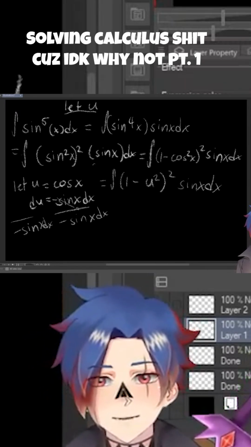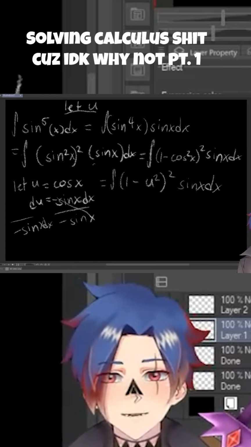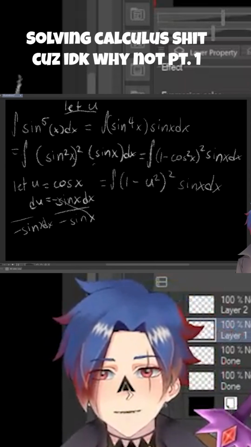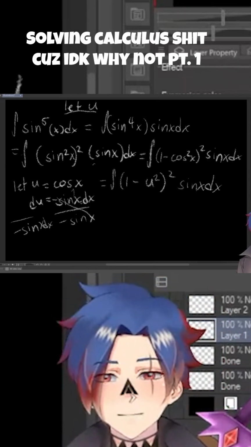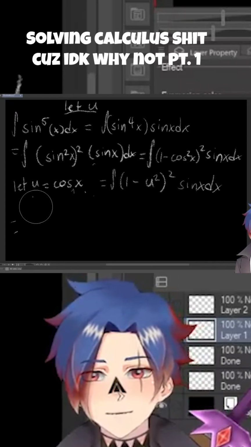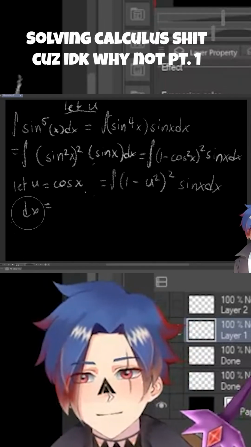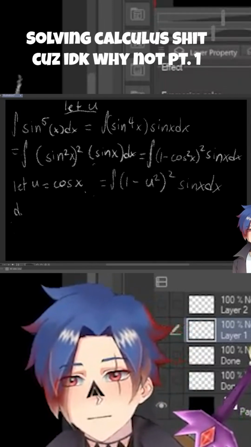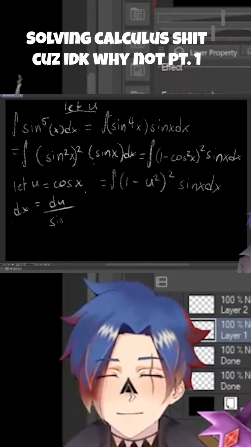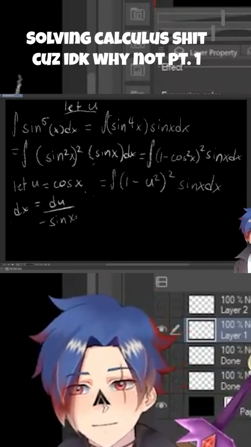So it's gonna cancel this out. Without the dx, it's gonna cancel out and be 1. We're left behind with dx becoming du over negative sine x.